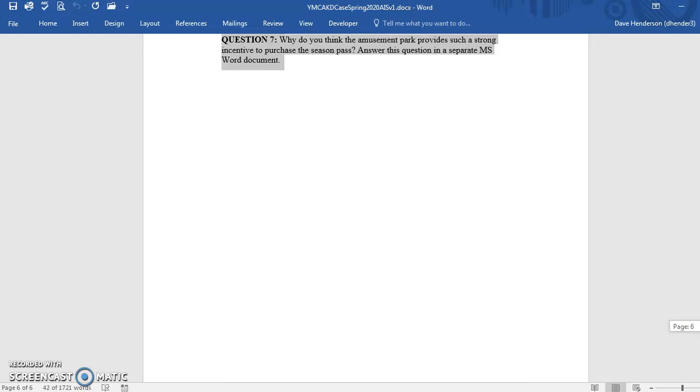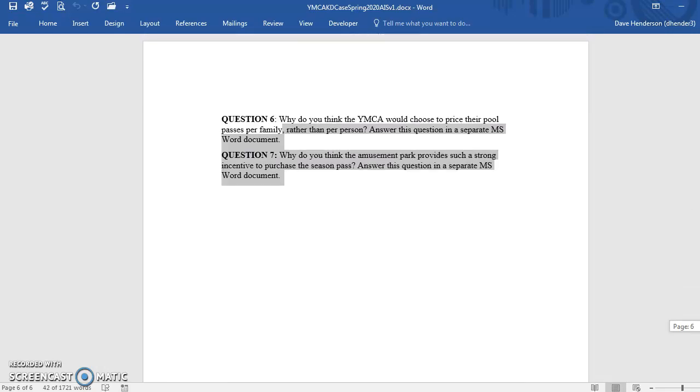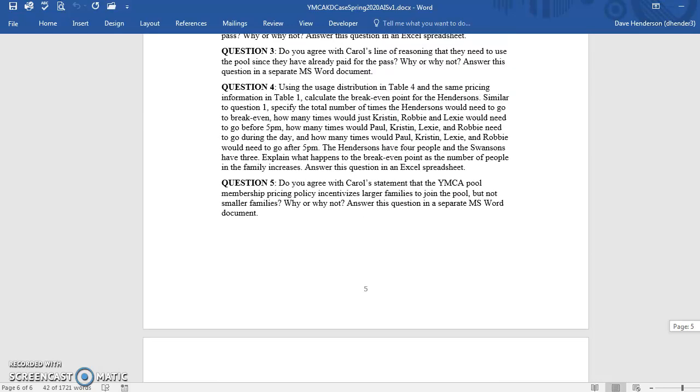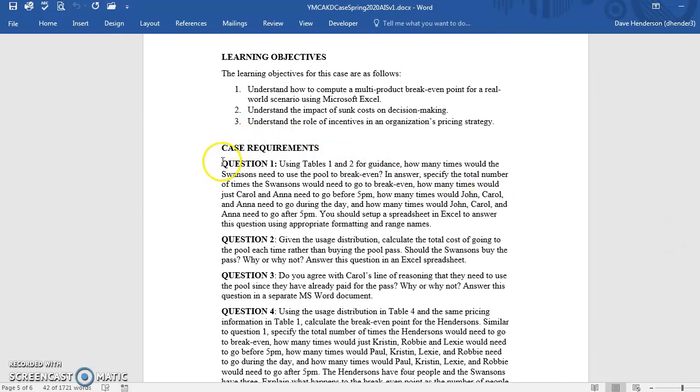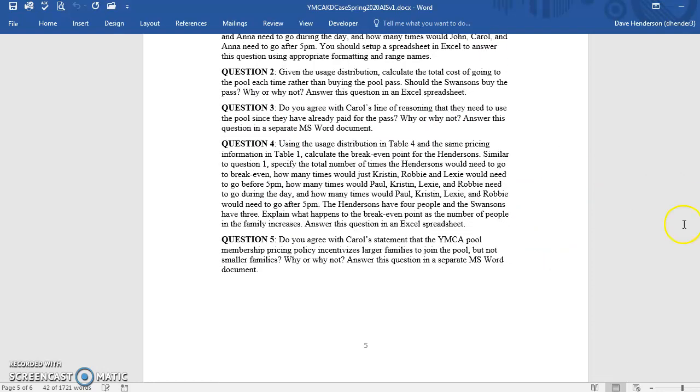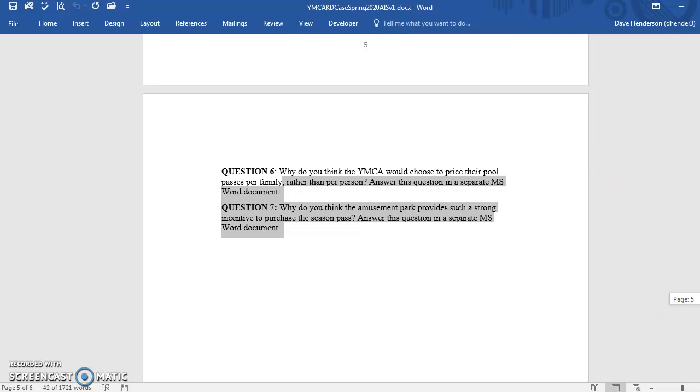And then that is the end of the case. And so with the submission, you'll submit one Excel file to me containing your answers to, for example, question 1, question 2, and question 4, and then you'll submit a Microsoft Word document answering question 3, question 5, question 6, and question 7. Okay?